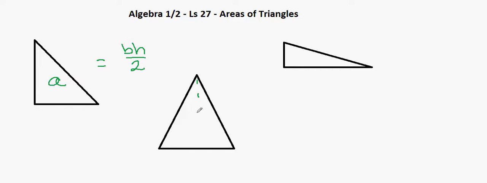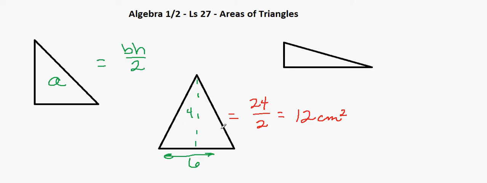When we determine that the height is, say, 4, and we decide that this base, which is the bottom, the part that the triangle sits on the ground most flat, is 6. How do we solve? 6 times 4 is 24. Don't forget to divide by 2 to find that the area is 12, let's say, centimeters squared.